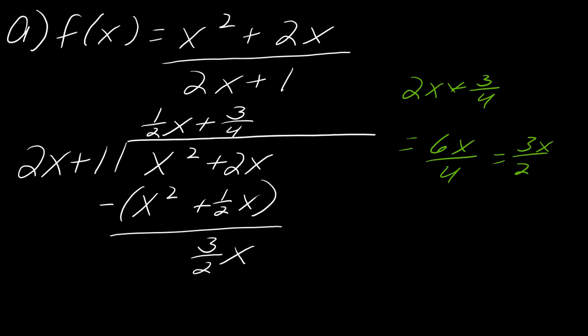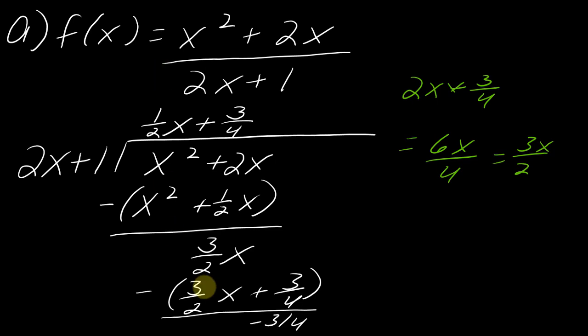So that gives me 3 over 2x and then plus 3 over 4. Once again, I subtract this result off. The x's drop out and I'm just left with -3 over 4. This is the remainder, and the remainder you always just discard. So the oblique asymptote will be the equation 1/2 x plus 3 over 4.